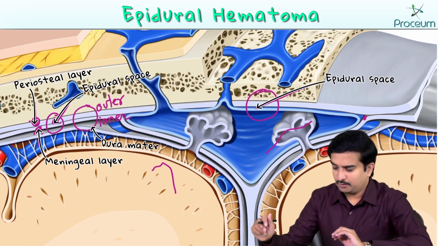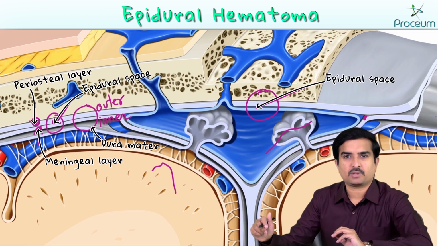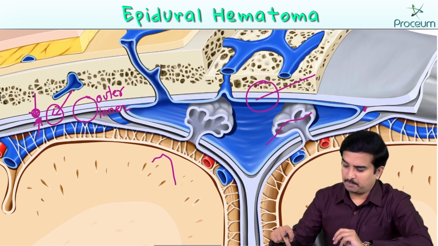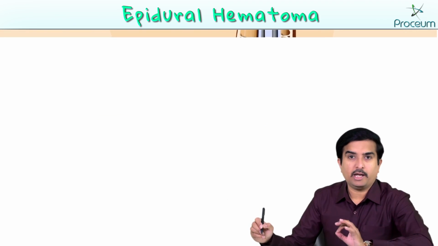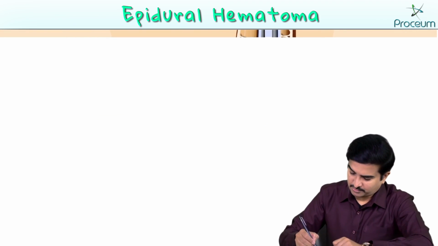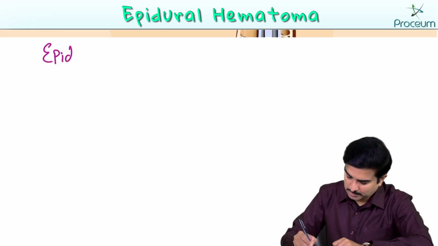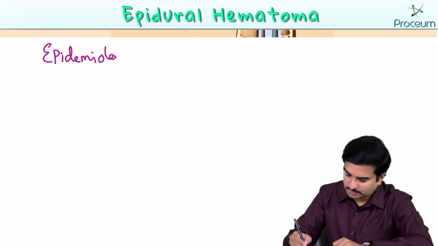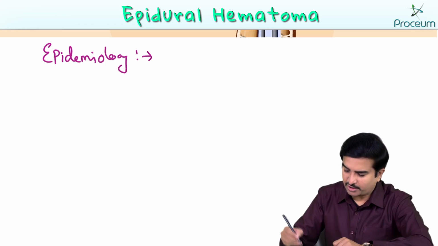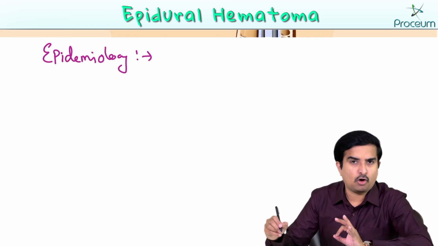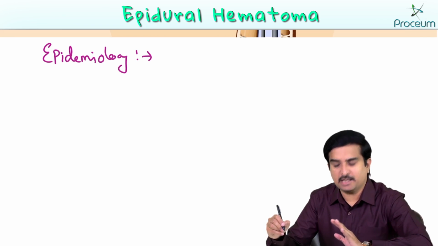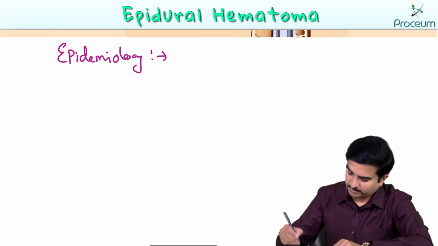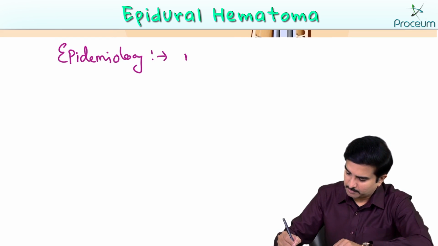After knowing the epidural space, let us concentrate on the epidemiology of epidural hematoma. Concentrate on the points here. It is more commonly seen in males when compared to females, and the male-to-female ratio is 4:1.